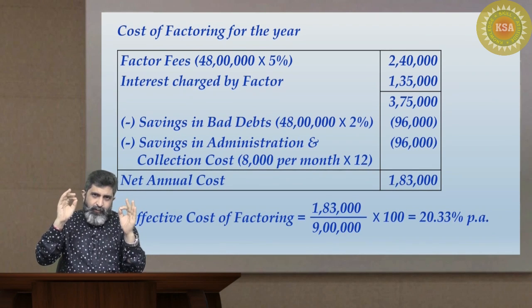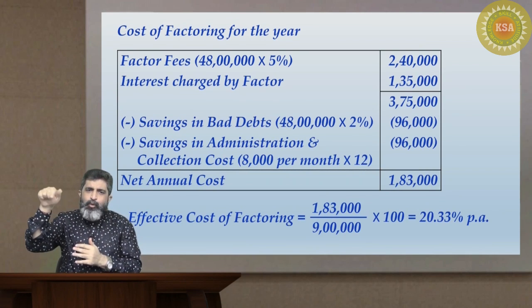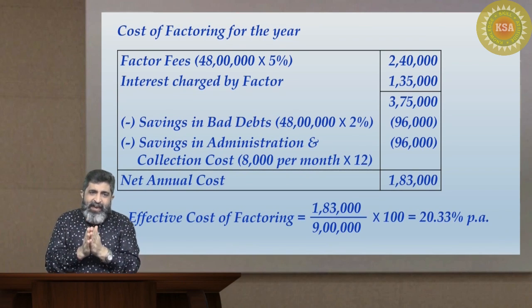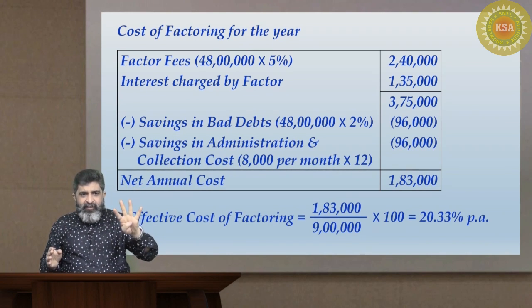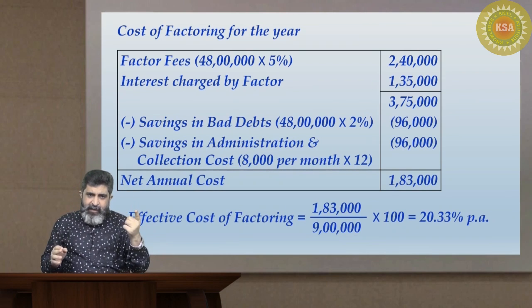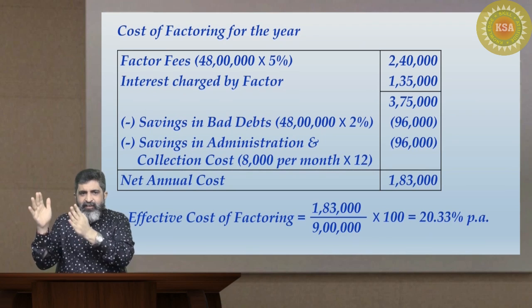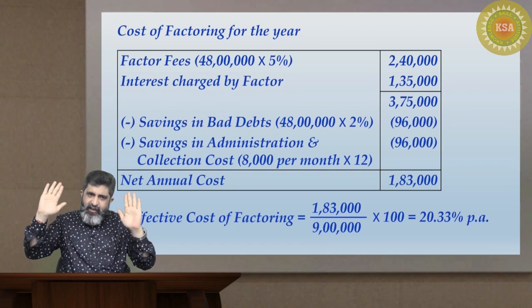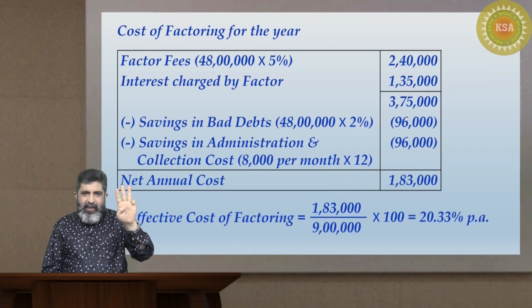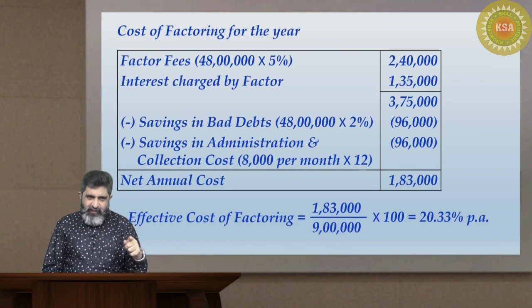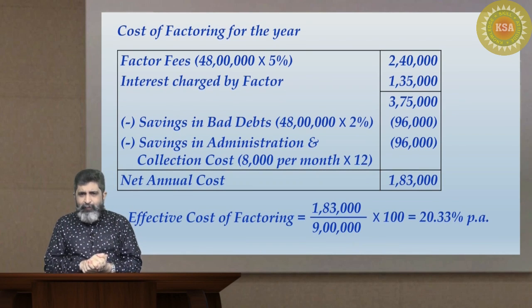In each quarter, what will be the amount of sales? 48 lakhs into 3 by 12. So we can say that we will have 4 cycles of sales. Each cycle will be sales of 12 lakhs, 12 lakhs, 12 lakhs, 12 lakhs. Agreed? Each cycle duration is 3 months and sales in each cycle is 12 lakhs.